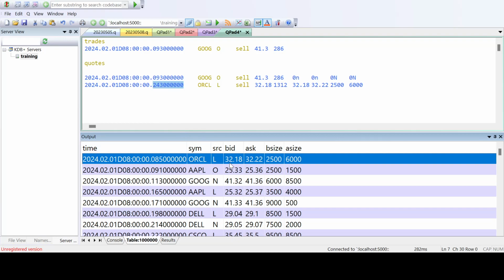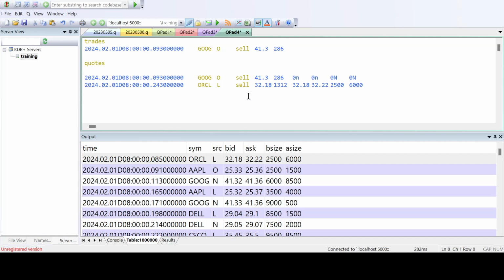So this is the record which has come before this trade. You will see bid, ask, B size, A size, all values from this particular record. This is the price and this is the size, and here all columns are from the quotes table: 32.18, 32.22, 2500 and 6000.